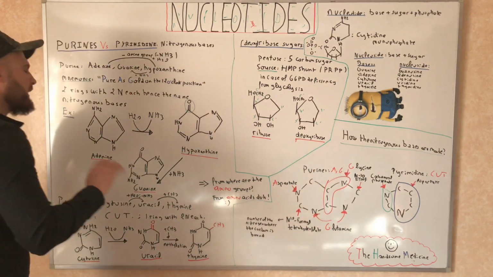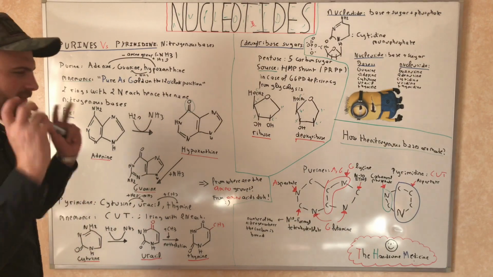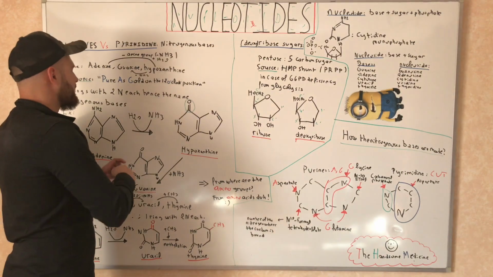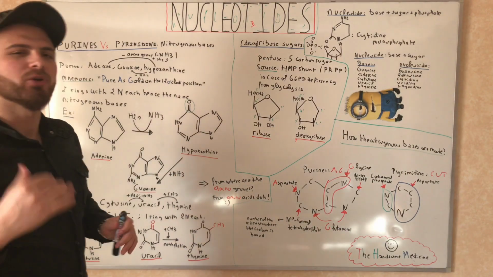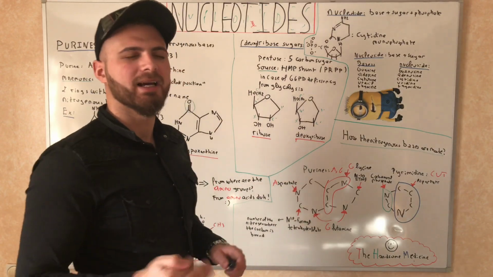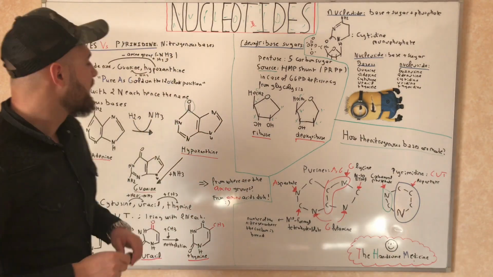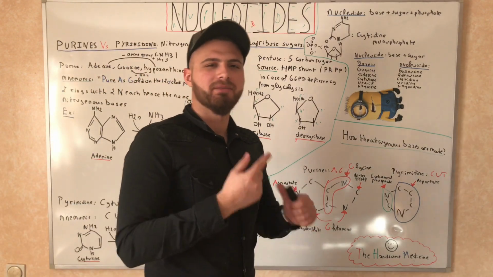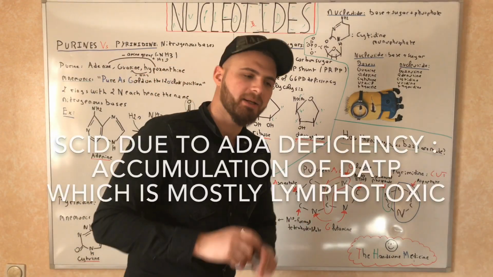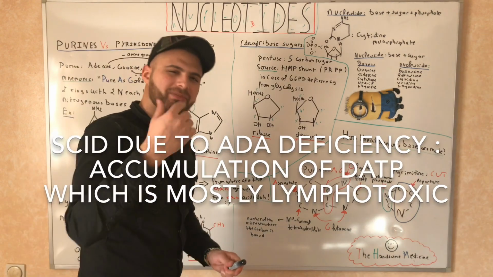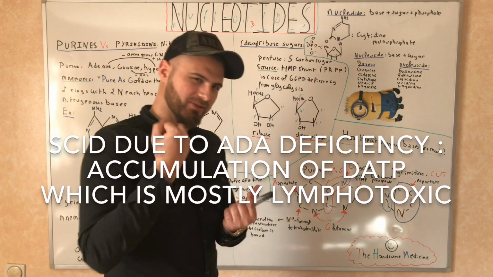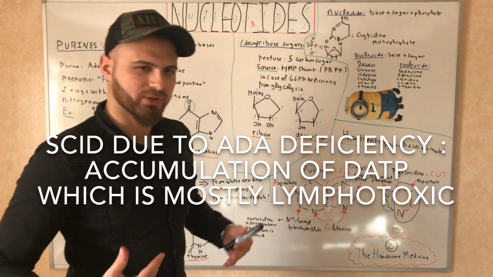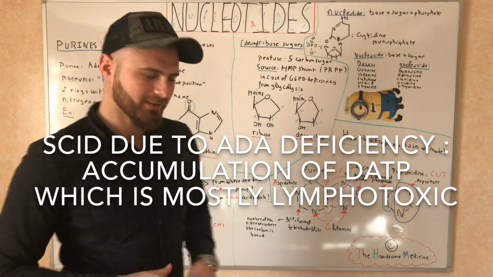Now it seems very complicated, but I'm just explaining in general. When this enzyme is defective, you have an accumulation of adenosine in the cell, and dATP after, anyway. And this accumulation will lead to a disease called severe combined immunodeficiency. Why? Because this defect will affect more the lymphocytes, the B cells and the T cells, which are our immune cells that protect us against viruses and many things.